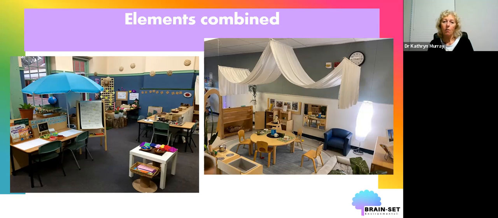Entries and exits are important for young children, and that's a sense of safety as well, so that they're not feeling as though they're trapped in that space. Children who have experienced trauma are on hyper alert for feeling trapped, for not knowing what's going on behind them. So we need to be mindful of those elements as well when we're situating our resources and our materials in our room, when we're setting up the environment.